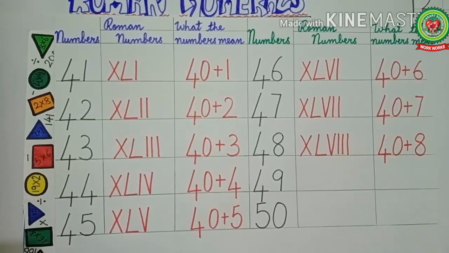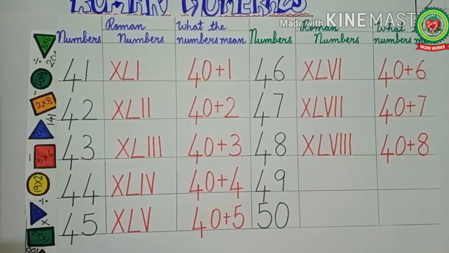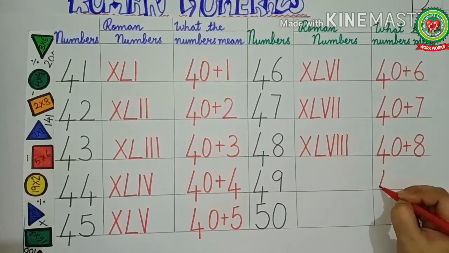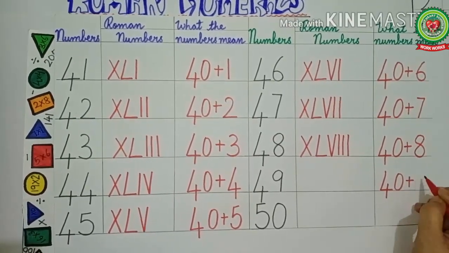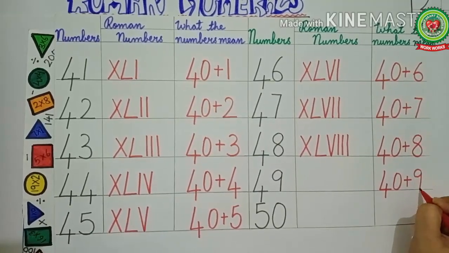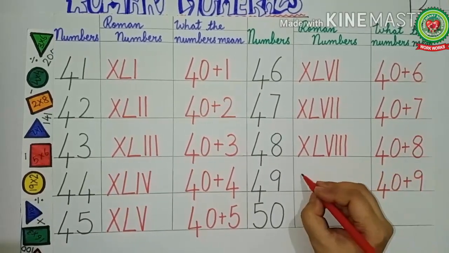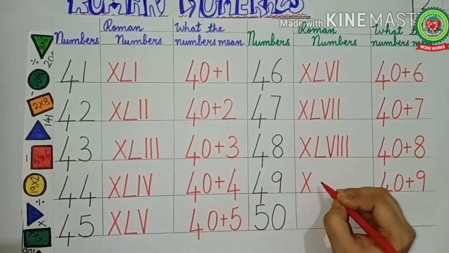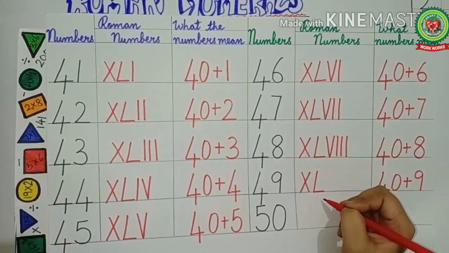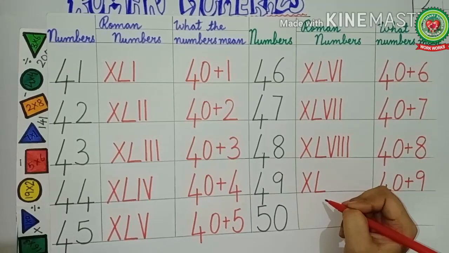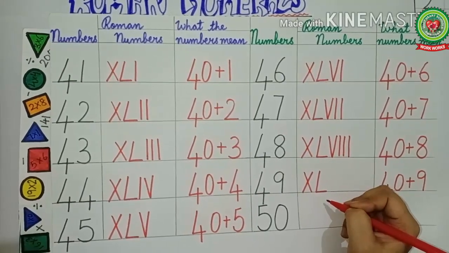Next one is 49. Now how do we write 49? That is 40 plus 9. Now again 40 we will write first. That is XL. Now how do we write 9? 9 means 10 minus 1. Now what we will do?